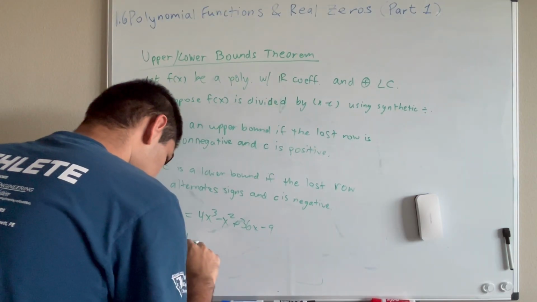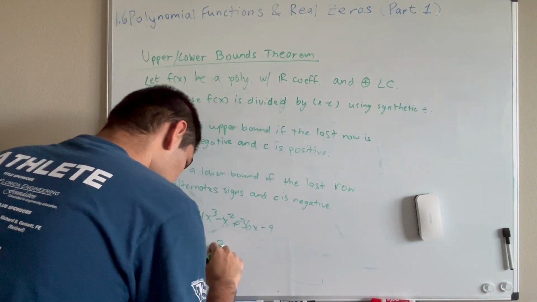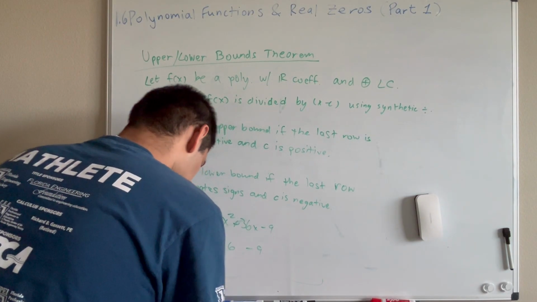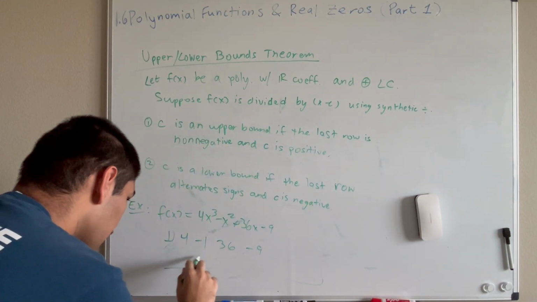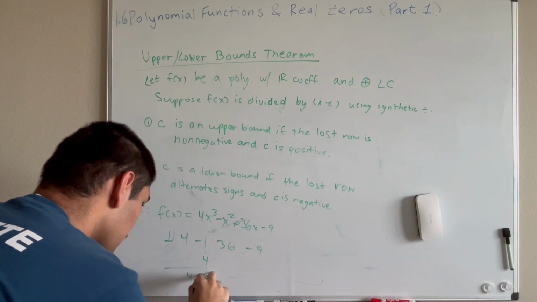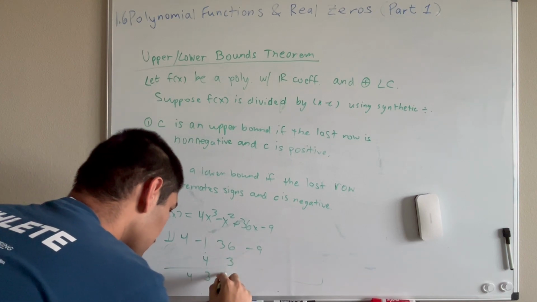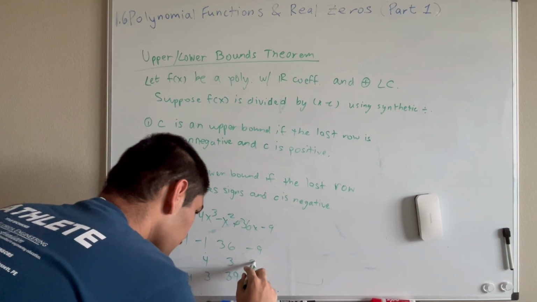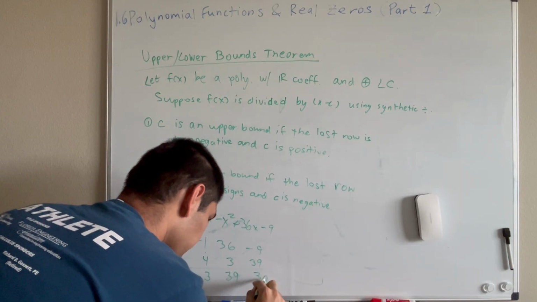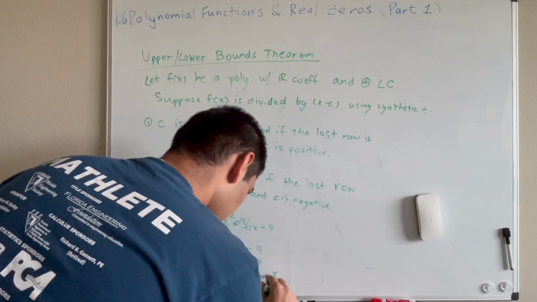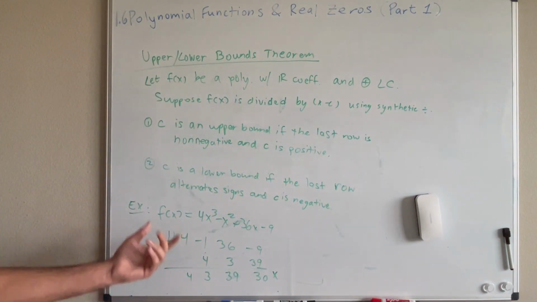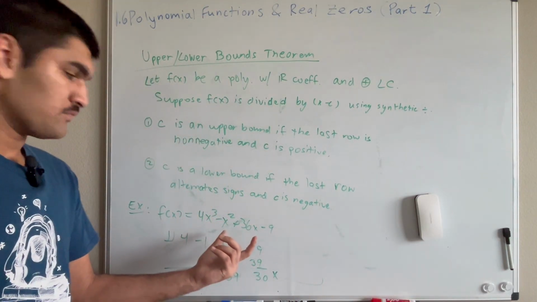So do the synthetic division with this, and let's see, you get 4. You get like 30, right? So clearly 1 is not a 0 of this polynomial.